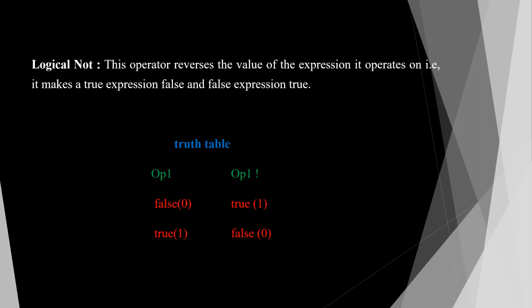When operand 1 is 1, the complement is 0. That means if the input is false, the output is true, and if the input is true, the output is false. That is the opposite state of the input state. This truth table represents the logical NOT.